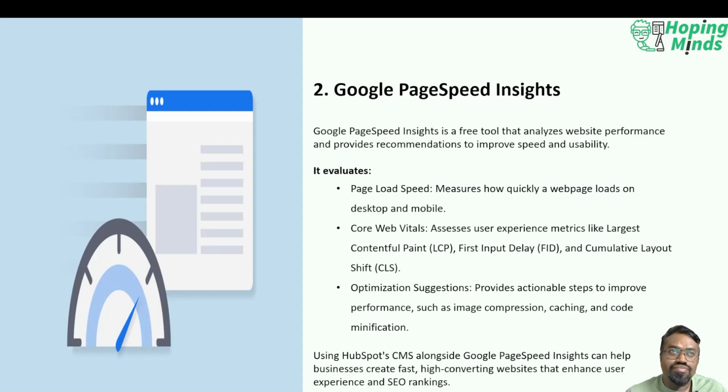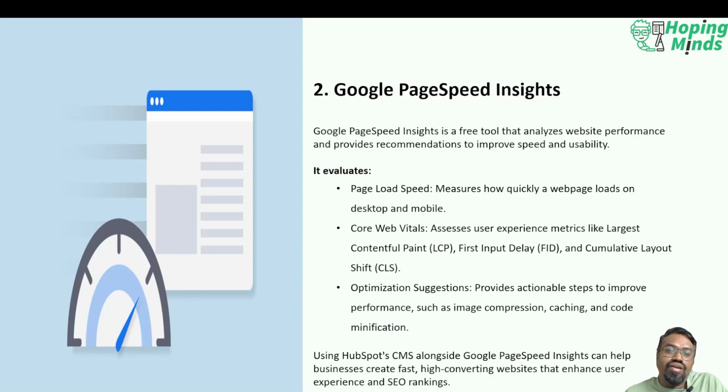Because if we are making any website, we need to make sure that we are optimizing that website for mobile, right? If the optimization has not been done properly, then it might open fast on your desktop, but not on your mobile device. So we need to make sure that the page load speed is fast on both platforms. And Google PageSpeed Insights helps you evaluate this, right?